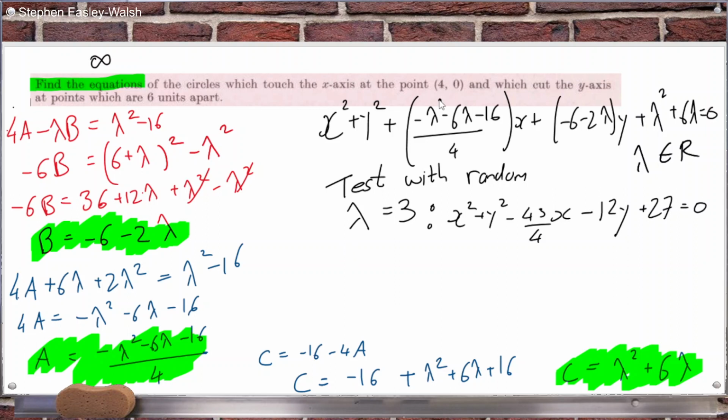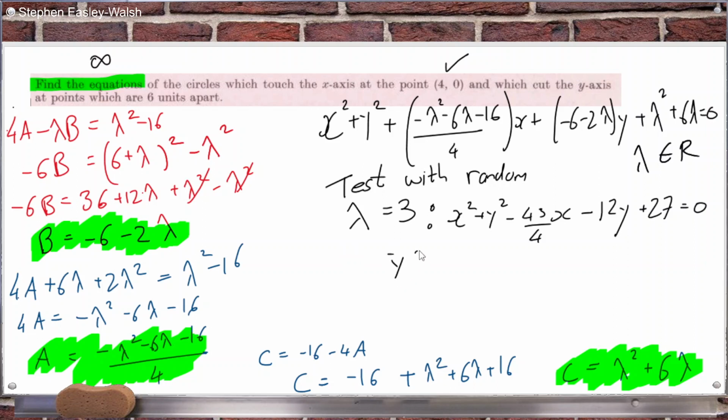Okay, let's test it out with (4, 0). So I'll sub in (4, 0). That's 4 squared plus 0 squared minus 43, the 4's cancel, minus 0 plus 27. And I do get 0. So that works. Now, where does it cross the y-axis? Well, we have to make x equal to 0.